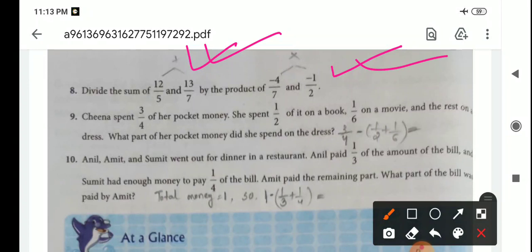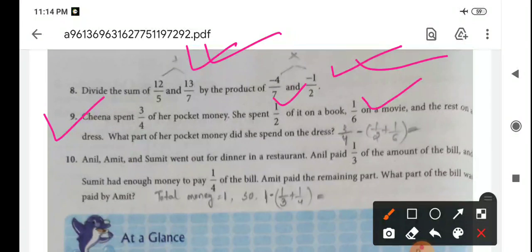Okay. Then number 9. Chhina spent 3 by 4 of her pocket money. She spent 1 by 2 of it on a book, 1 by 6 on a movie, and the rest on a dress. What part of her pocket money did she spend on the dress?